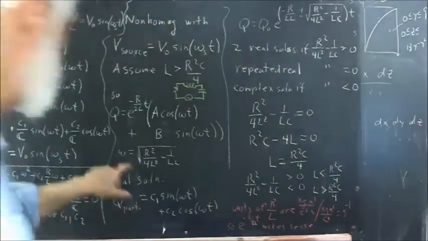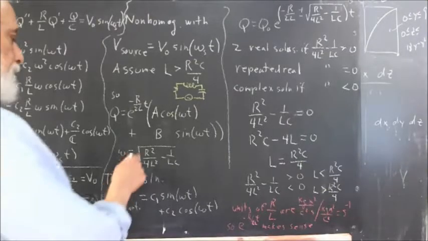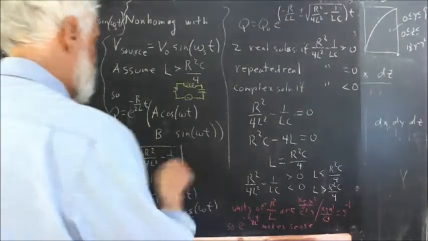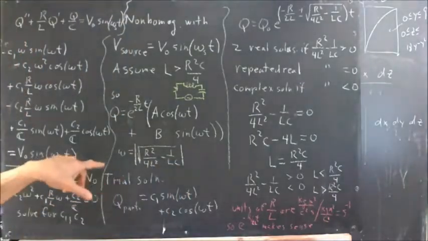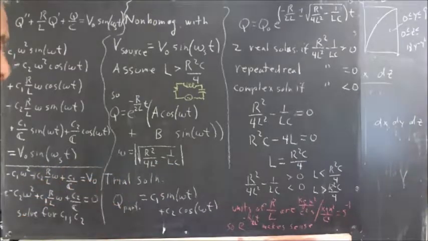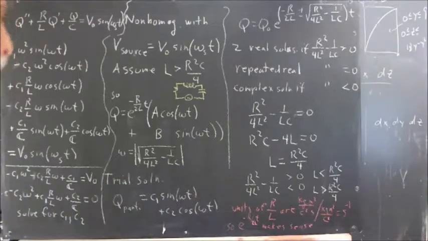I should say omega equal to the magnitude of this, because of course this thing is imaginary and omega is a real quantity. But in any case, there's our omega.